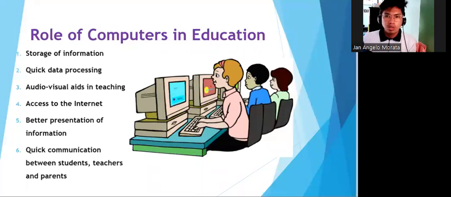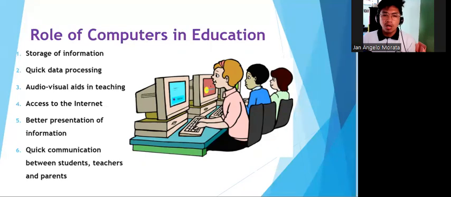For monitoring our students. Also, nandiyan yung mga follow-ups sa progress ng ating mga students. Also to update the parents about the progress of their children, for looking for more supervised time with the parents and the learner. So, napaka-laking tulong ng computer in terms of communication.